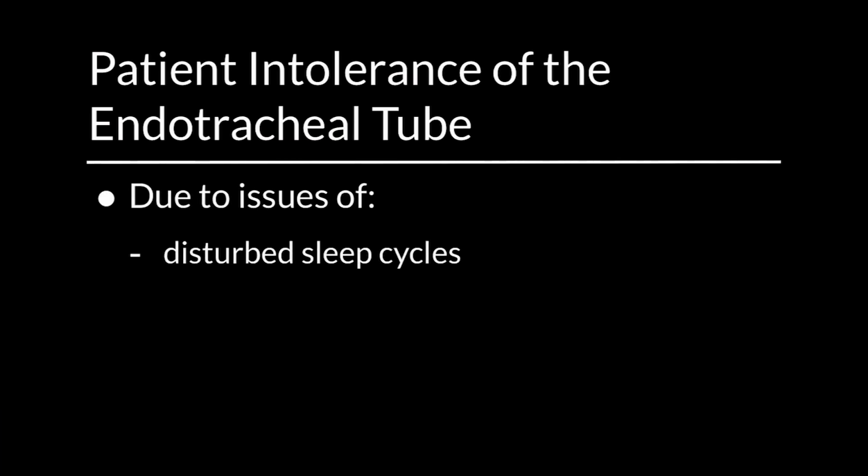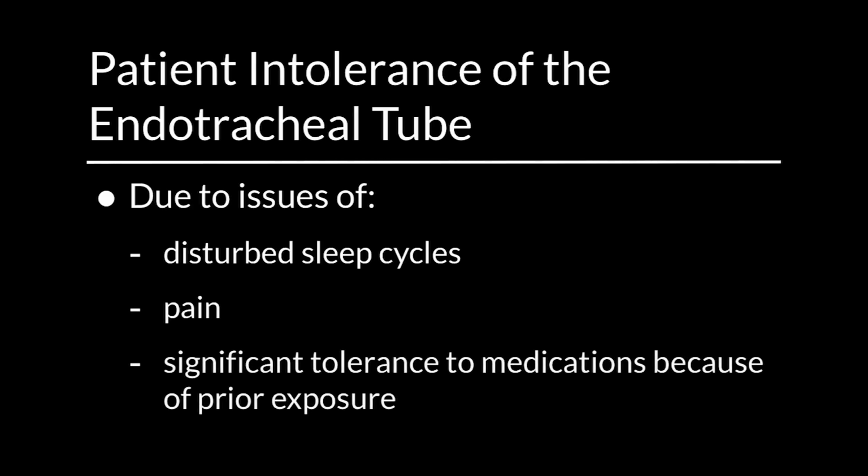And if we do have to add extra agents, we try very hard to do that one at a time, thoughtfully, based on why we think the child is still not able to tolerate the endotracheal tube, whether it's an issue of disturbed sleep cycles, pain, or significant tolerance to medications because of prior exposure. We'll try to tailor our extra agents to those factors.